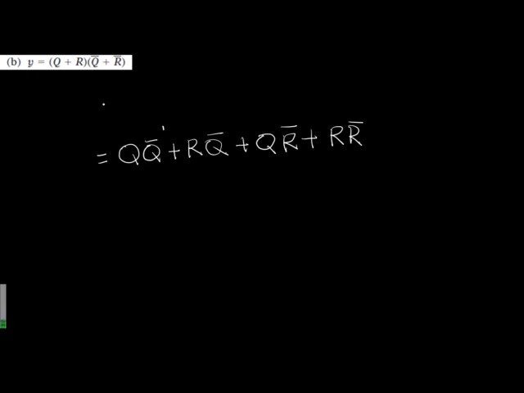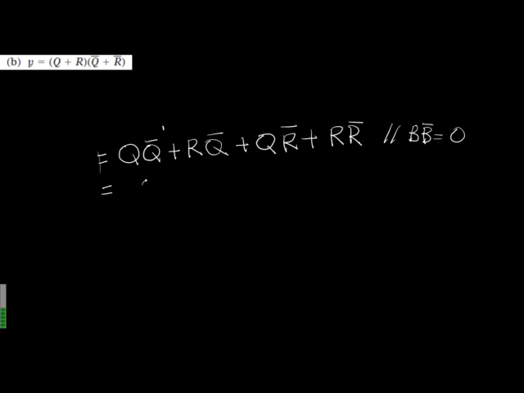Okay, so from here you can see that I have the theorem B and B bar is equivalent to 0. Anything and with its complement will become a 0.